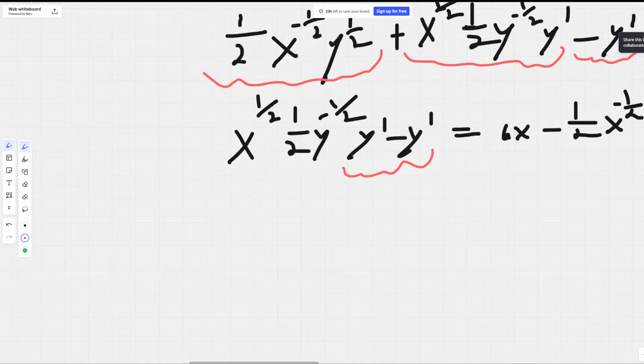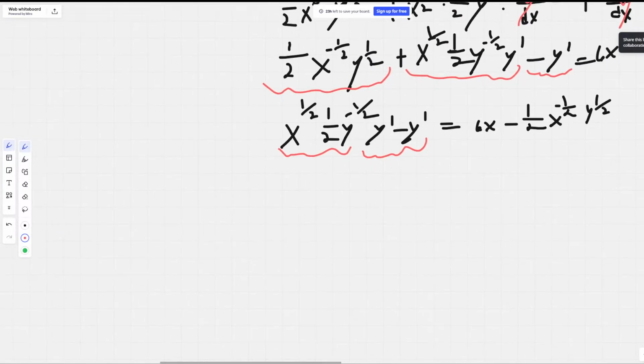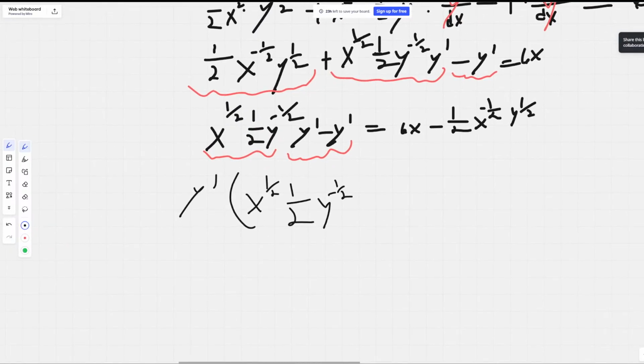Y prime and y prime, and this tomfoolery. I will start with y prime. It's 1/2 times 1/2 y to the negative 1/2 times y prime equals all that up there.